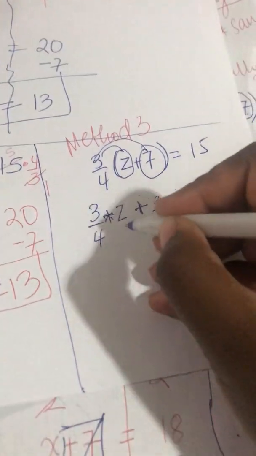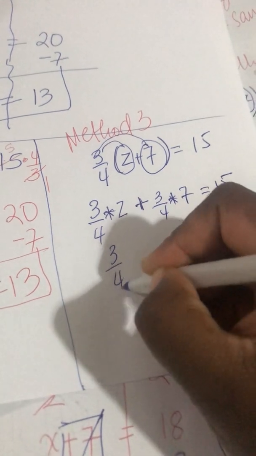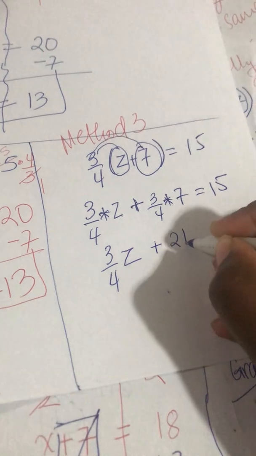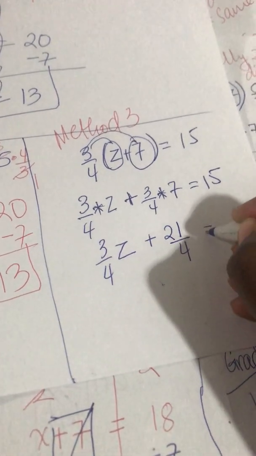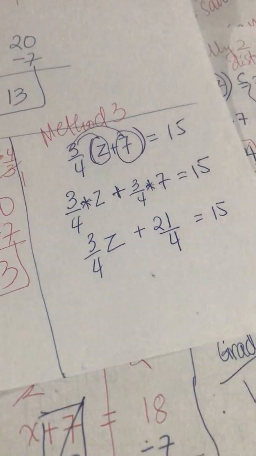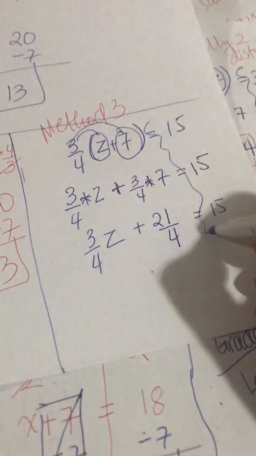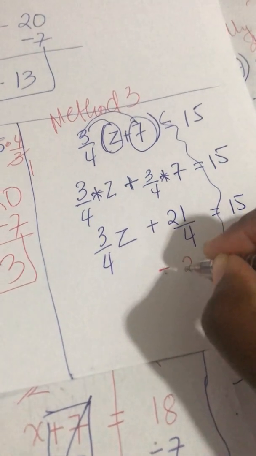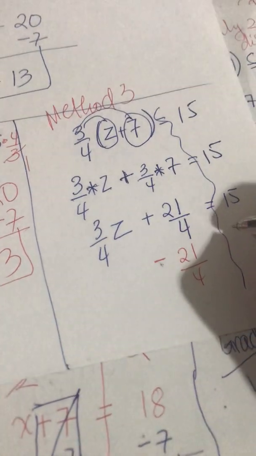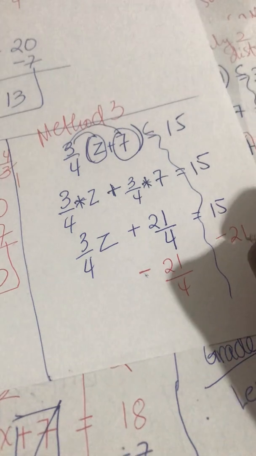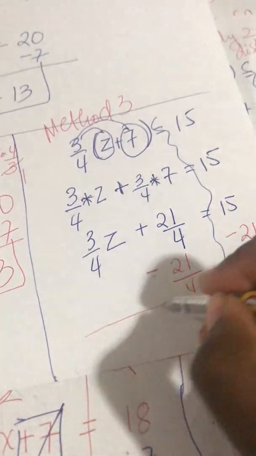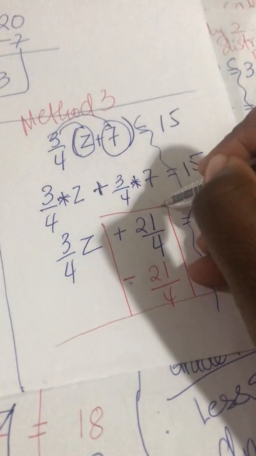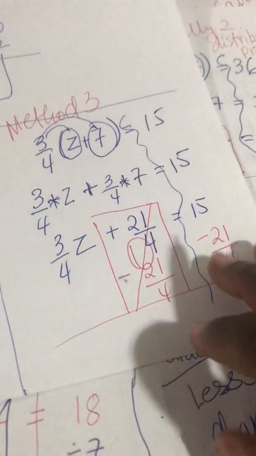Okay? So this is 3/4 z plus 21/4 equals 15. And then I will subtract 21 over 4 from both sides. Additive inverse makes this 0.